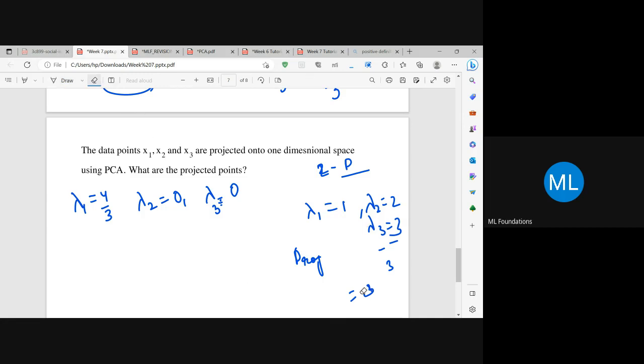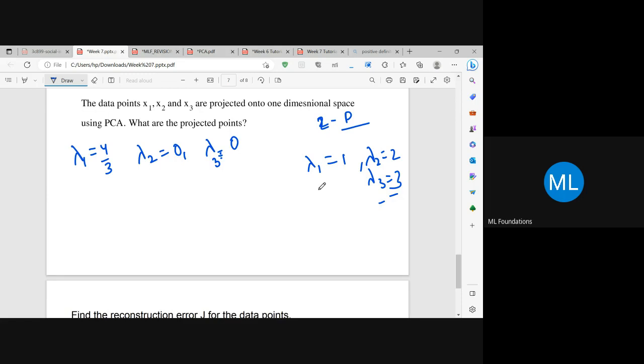How are we arriving at this? This is important. That's why I'm telling you again, for example, you have 3 dimensions, and from the 3 dimensions you will be getting 3 eigenvalues, for example 1, 2, 3. So your first principal component would be 3. If you have been asked to convert from 3 to 1 dimension, you will take the eigenvector corresponding to this eigenvalue, and then this one, and then this one.